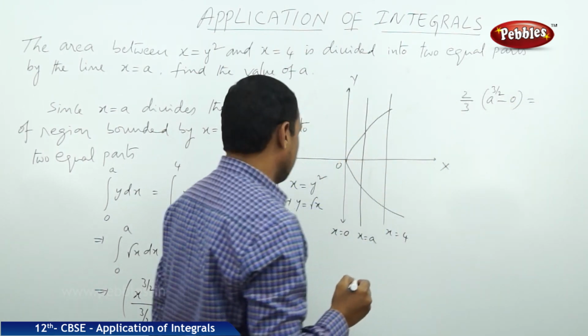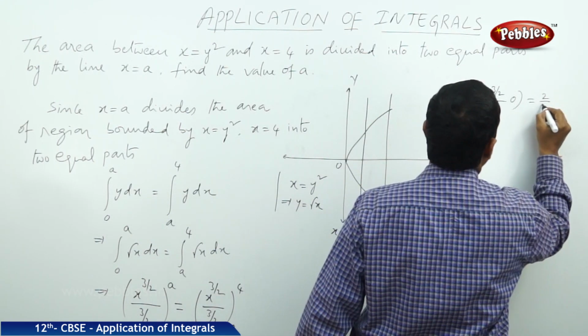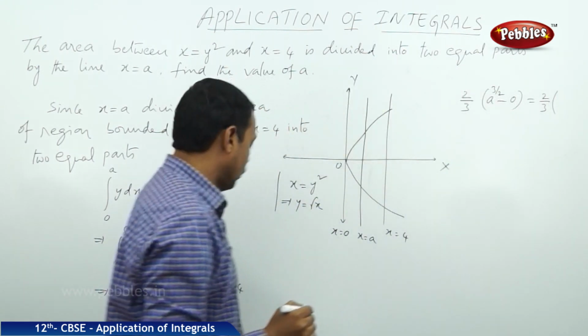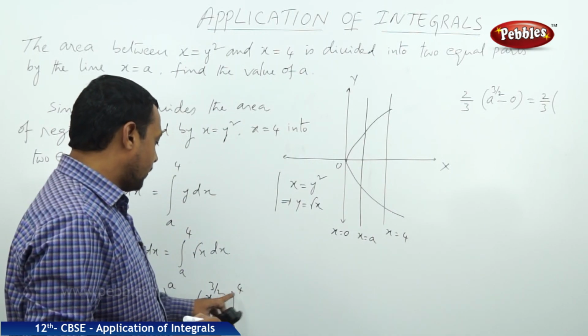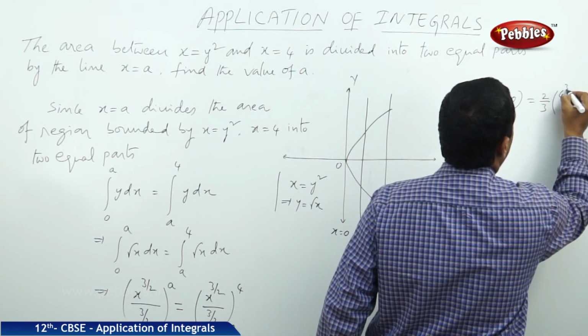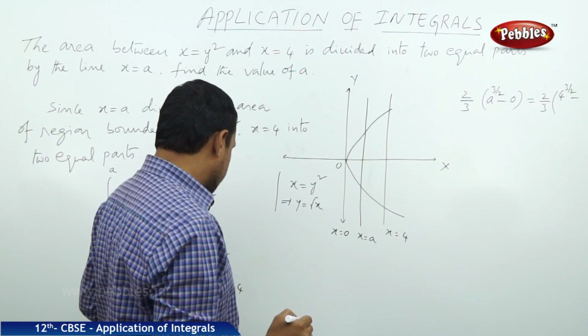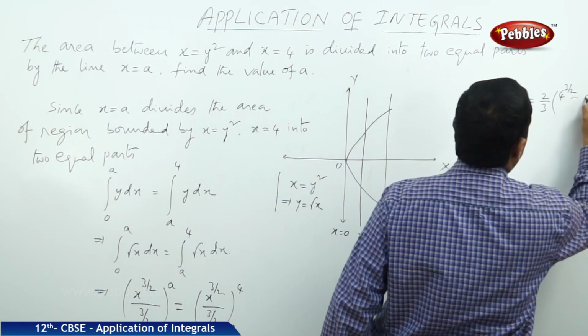On the right side, that is also 1 by 3 by 2, equal to 2 by 3. Now when we substitute the upper limit first, that is 4 power 3 by 2, minus, and substitute the lower limit, that is a power 3 by 2.